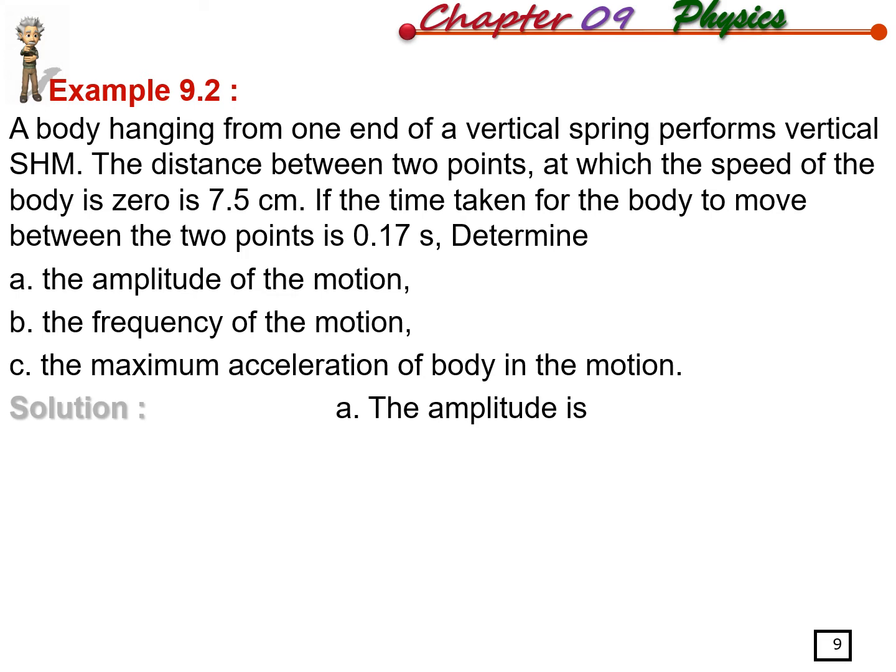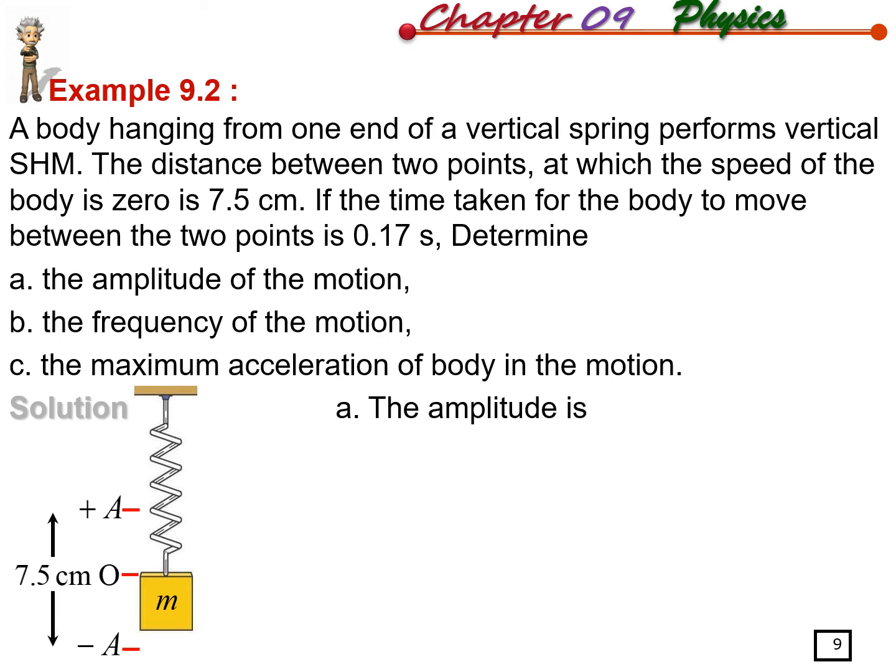Okay, so for the amplitude, we try to draw a diagram first. The object will be moving from negative A to positive A. At these 2 points you will have 0 velocity.